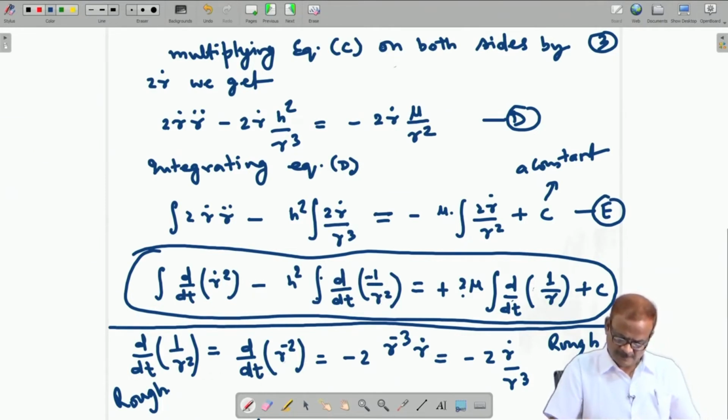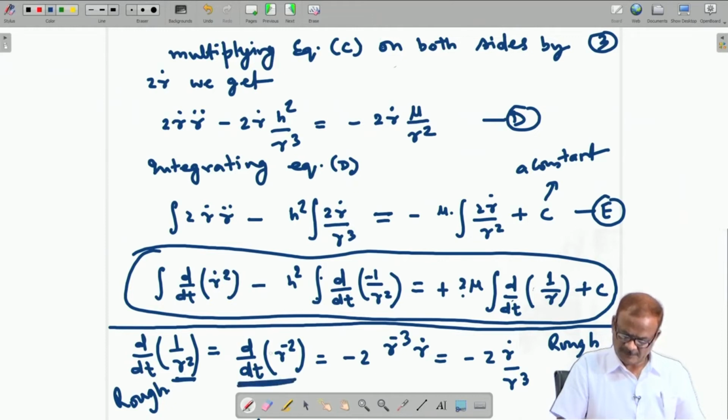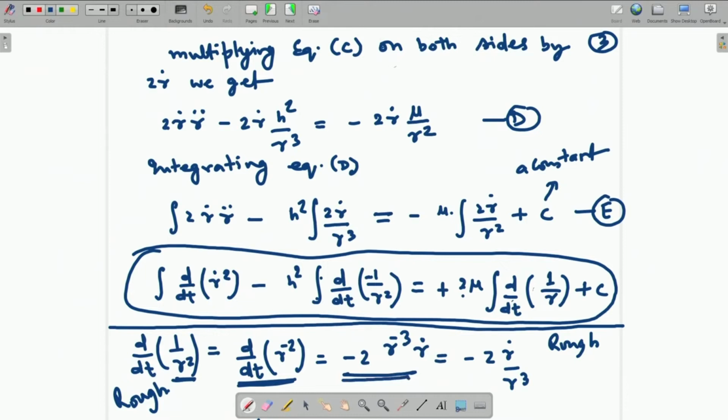We have done this work here somewhere. This is in this place. So, once we do d by dt 1 by r square, so d by dt r to the power minus 2. So, this is coming in this way. Okay. This is minus 2 r cube divided by this, times r dot. So, finally, we are getting this expression.